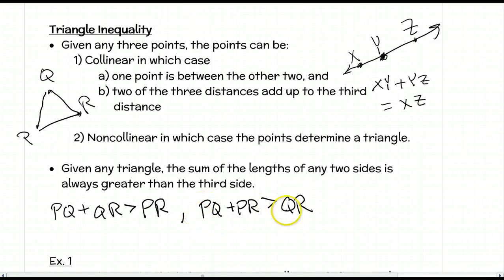So any two sides, we add them up, has to be greater than the third side. And if you think about this, if the length of these two sides was not greater than PR, then we wouldn't be able to make a triangle out of it. And if the length of these segments was equal to PR, then we would run into this first case where they would be all collinear.